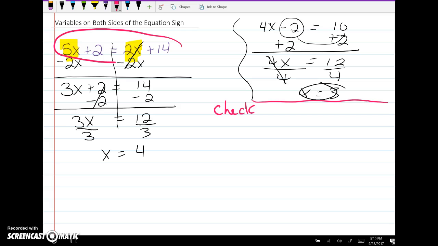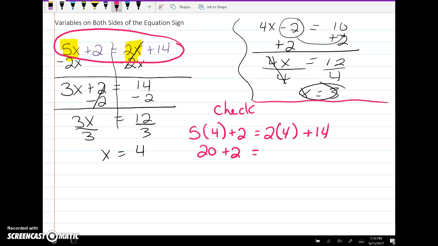This is what I'm working with when I plug my number in. 5 times 4 plus 2 equals 2 times 4 plus 14. 5 times 4 is 20 plus 2 equals 8, 4 times 2 is 8 plus 14. 20 plus 2 is 22. 8 plus 14 is 22. So yes, my work is correct.